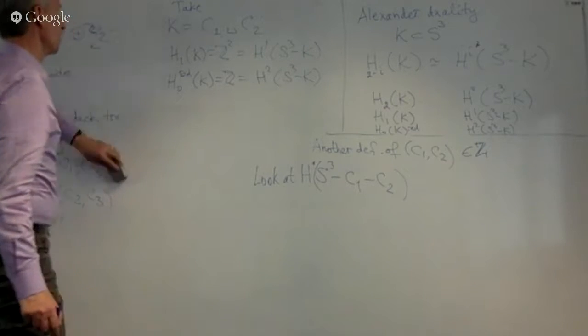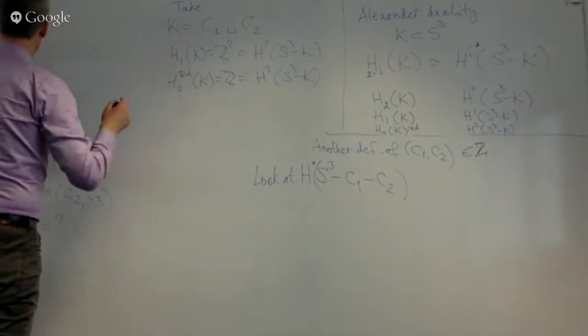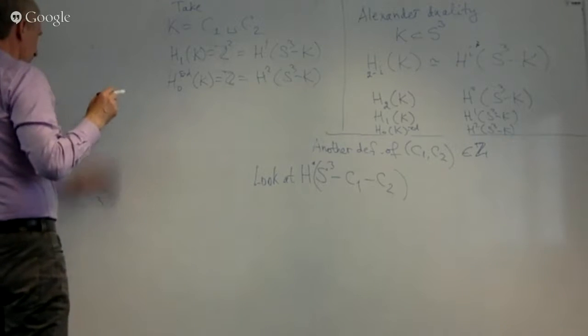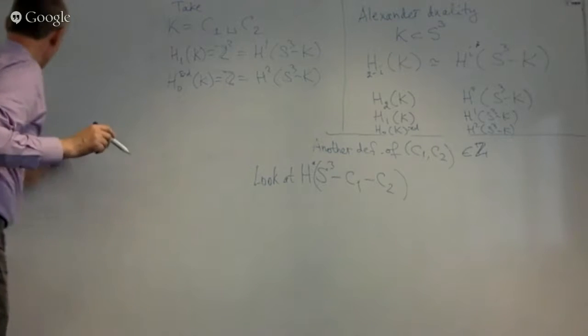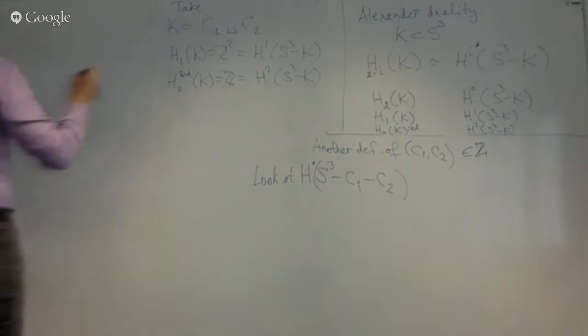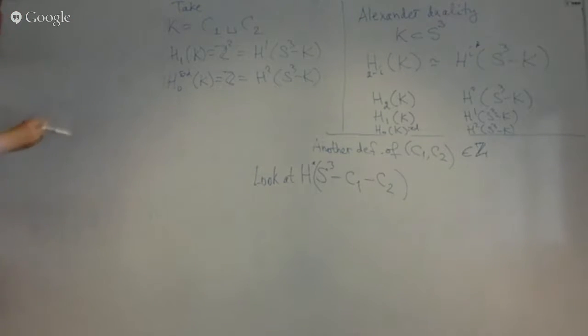So it means that there are generators of H1. Back to what you erased up there, where you had Z2: basically, we have gamma 1 corresponding to C1.